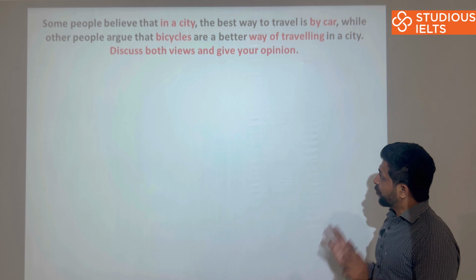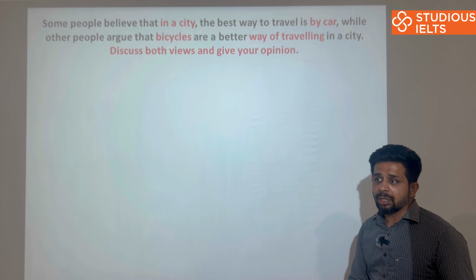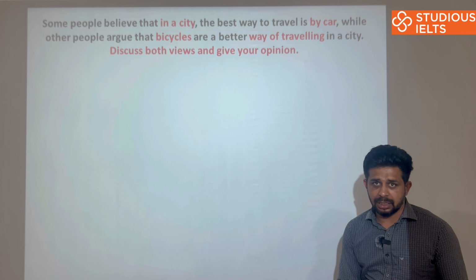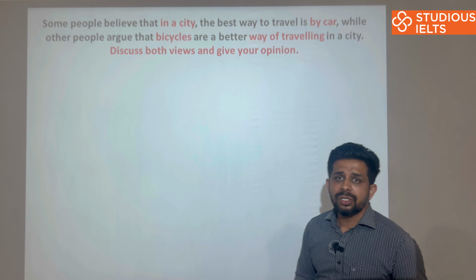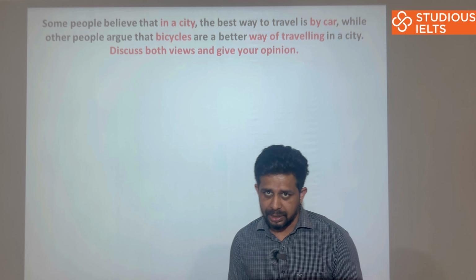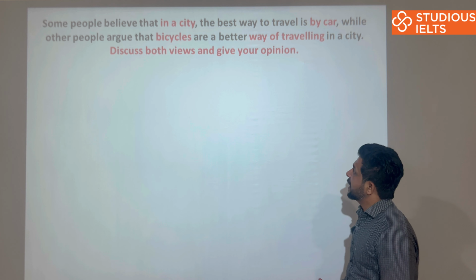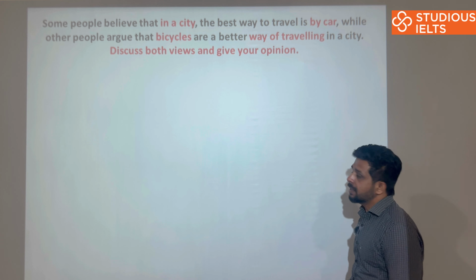First of all, they have talked about one particular issue, that is the use of means of transportation. Some say that the means of transportation should be car because this is a better method. Others say that bicycles can be a better method to travel. Moreover, another thing that you have to add is the place they are talking about.